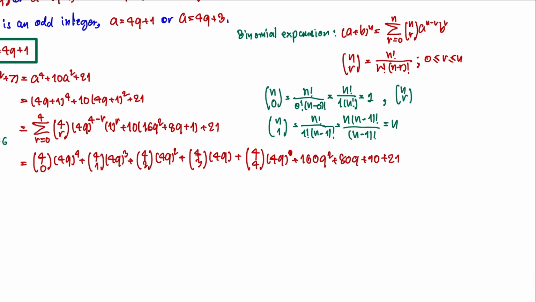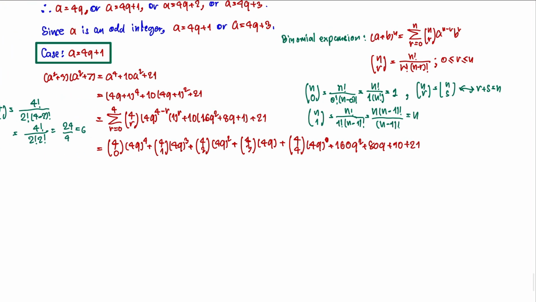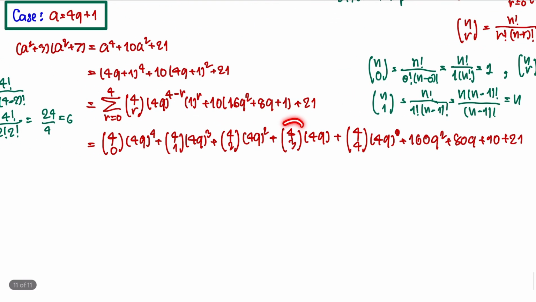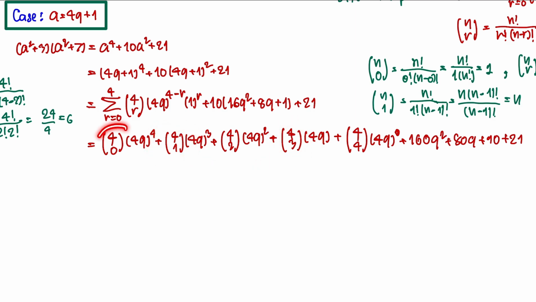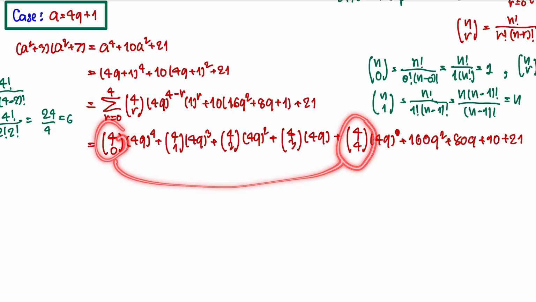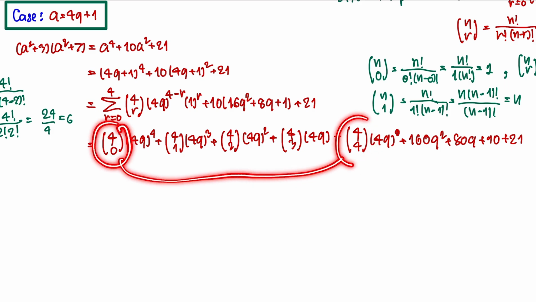N choose r equals n choose s if and only if r plus s equals n. That means that you're going to have 4 minus 3 equal to 1, and 4 minus 0 equal to 4, sorry, 4 minus 0 equals 4 minus 4.